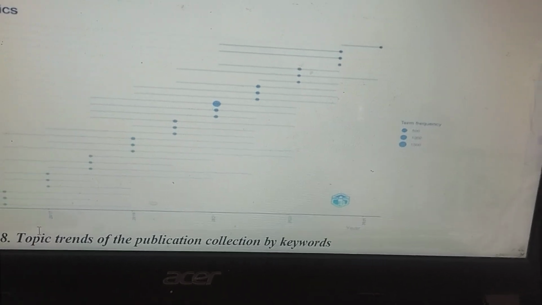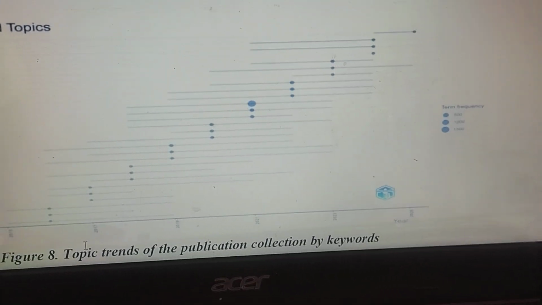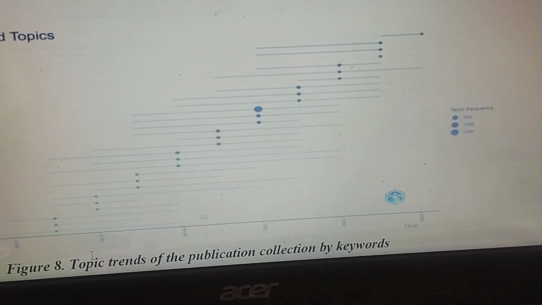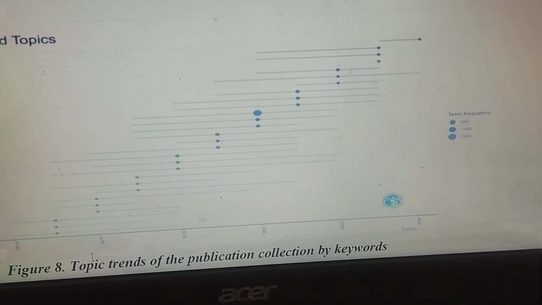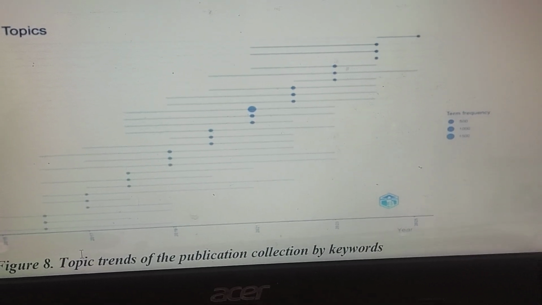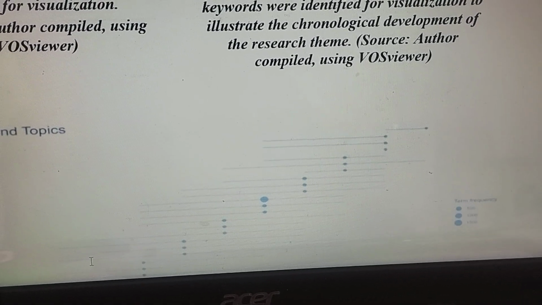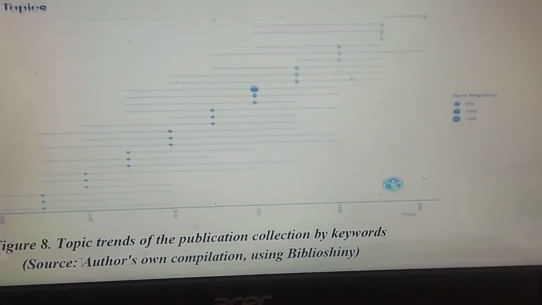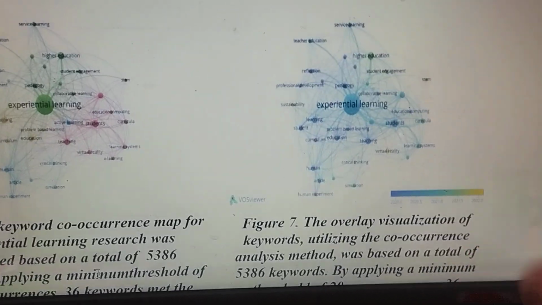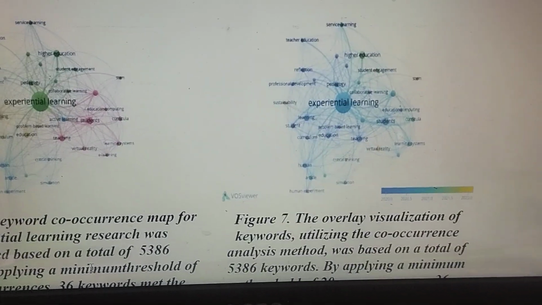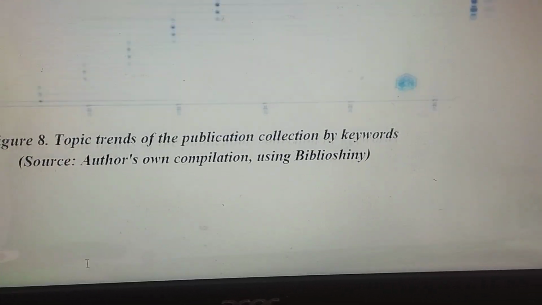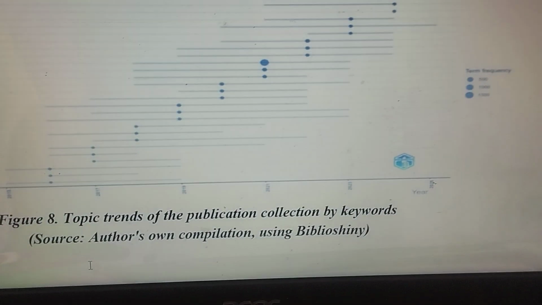So what I tried was, I downloaded the Excel file of data from Biblioshiny, and then I performed the graphical analysis and representation in Excel. I don't think Excel can give you this type of graphs, but for trends and the number of publications, the graphs in Biblioshiny are mostly bad.